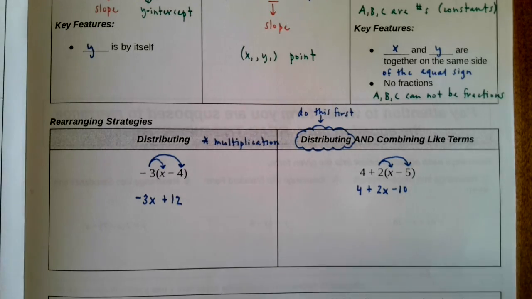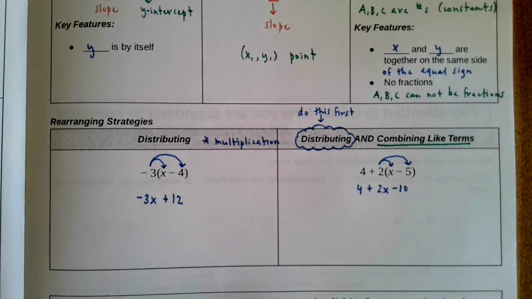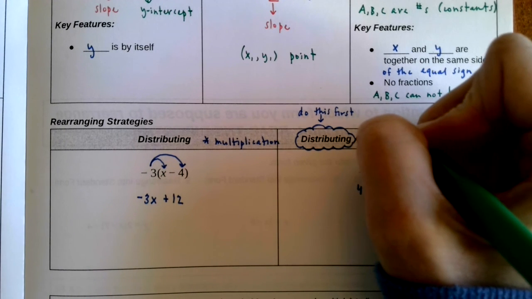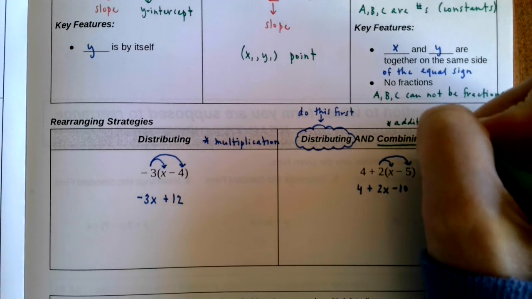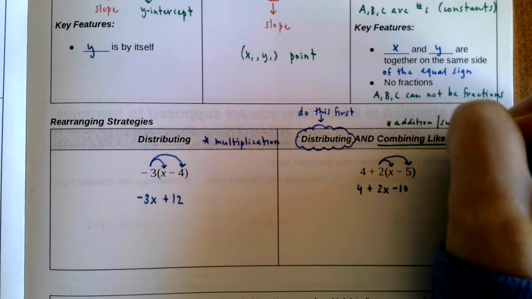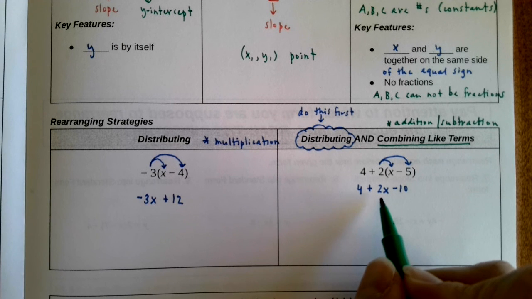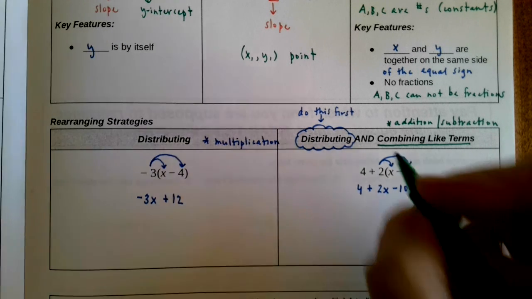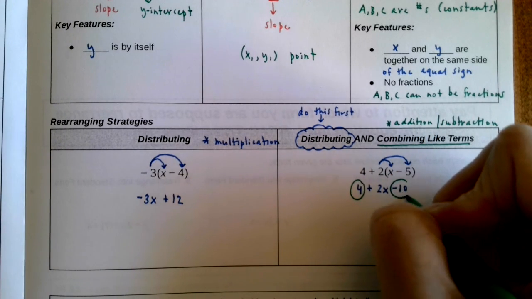So now I'm going to go ahead and combine like terms. Now, when we're combining like terms, we're using addition or subtraction, depending on our problem. Here I notice the only thing with an x in it is a 2x, so that can't be combined with anything. But I have a 4 here, and then I have a minus 10.